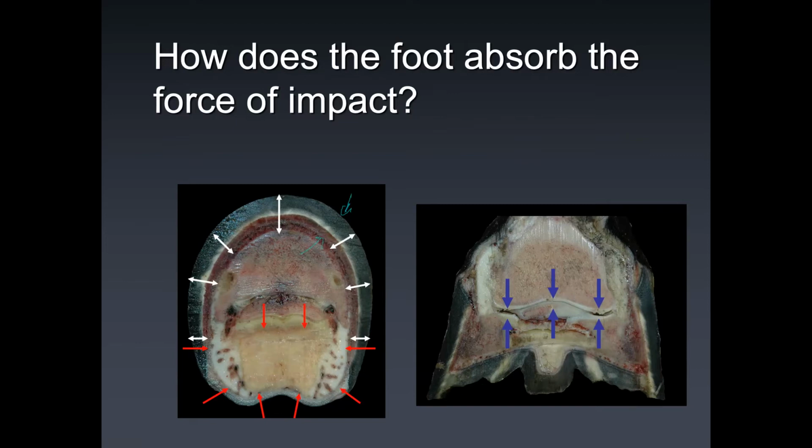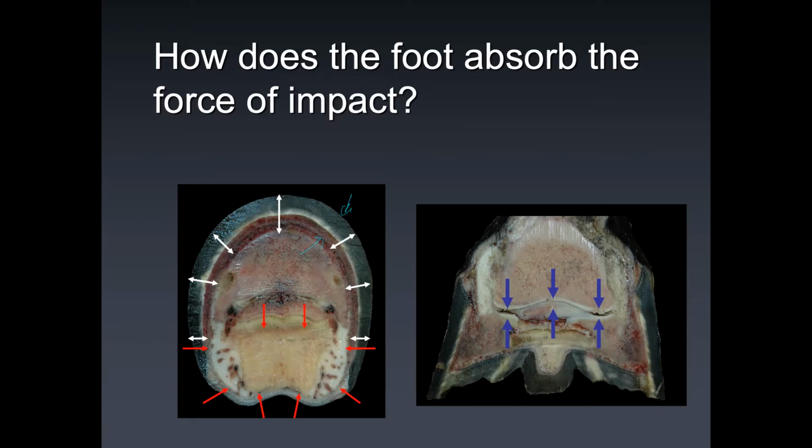And that flexible zone between the outer rigid hoof and the rigid coffin bone underneath allows quite a bit of motion and dampens the stress, dampens the forces, the shock waves essentially that happen to the bottom of the foot, and so it diminishes them arriving there.